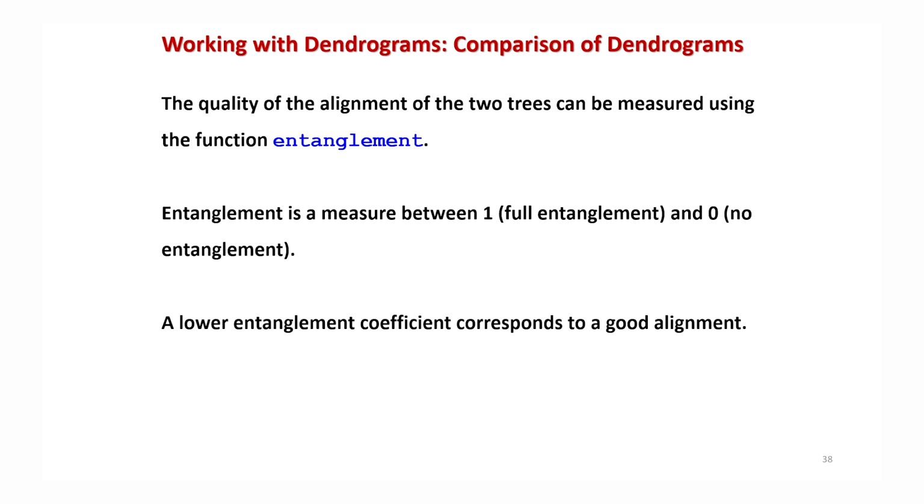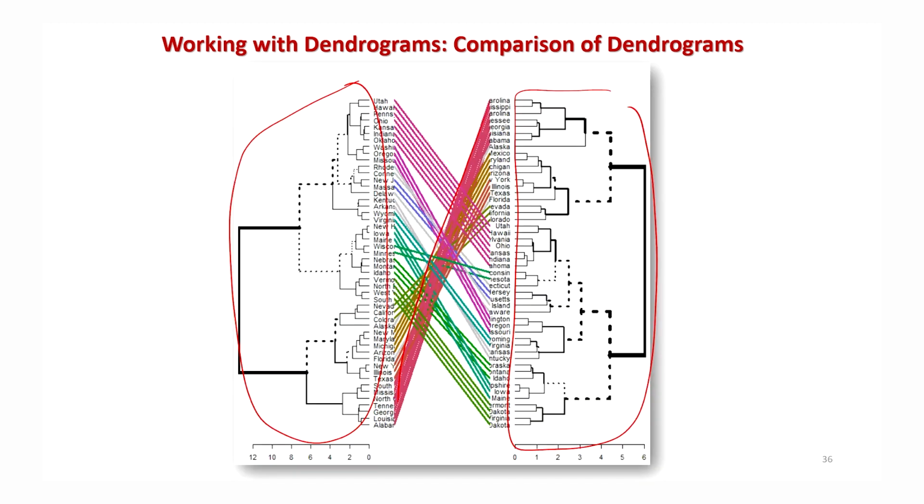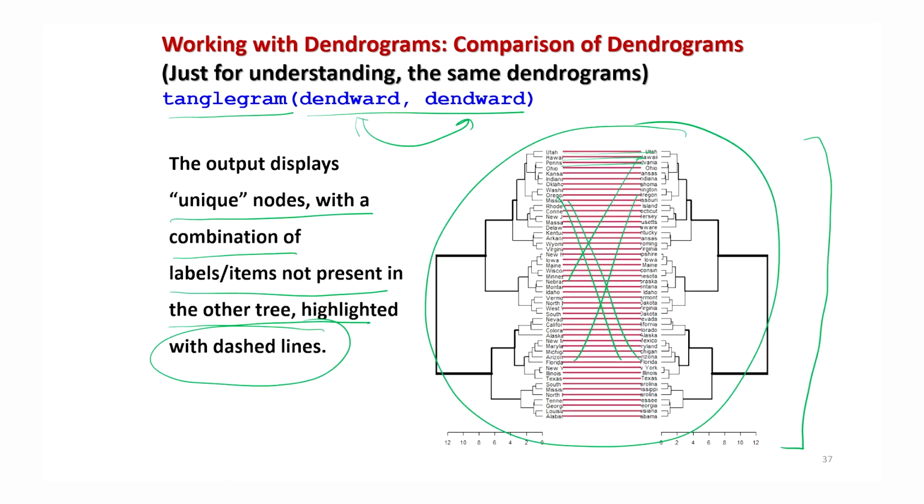The quality of the alignment of the two trees can be measured using the function entanglement. In this case there is a complete agreement between the two methods of clustering, whereas in this case there is some agreement and some disagreement. So how to quantify it?